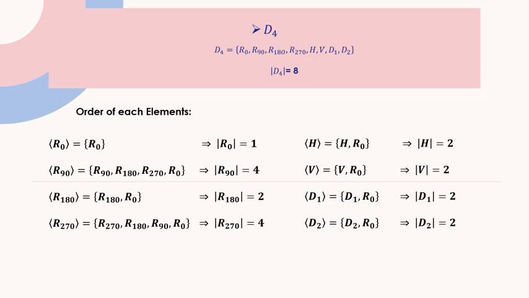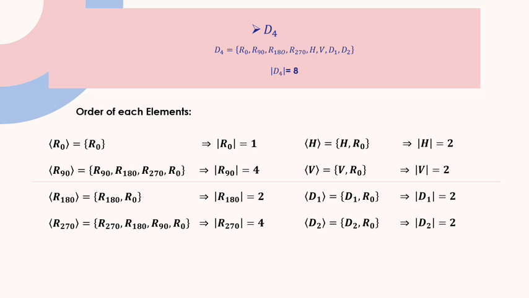For diagonal 1, the elements under diagonal 1 are diagonal 1 and R sub 0. Therefore, the order of diagonal 1 is equal to 2. For diagonal 2, the elements under diagonal 2 are diagonal 2 and R sub 0.